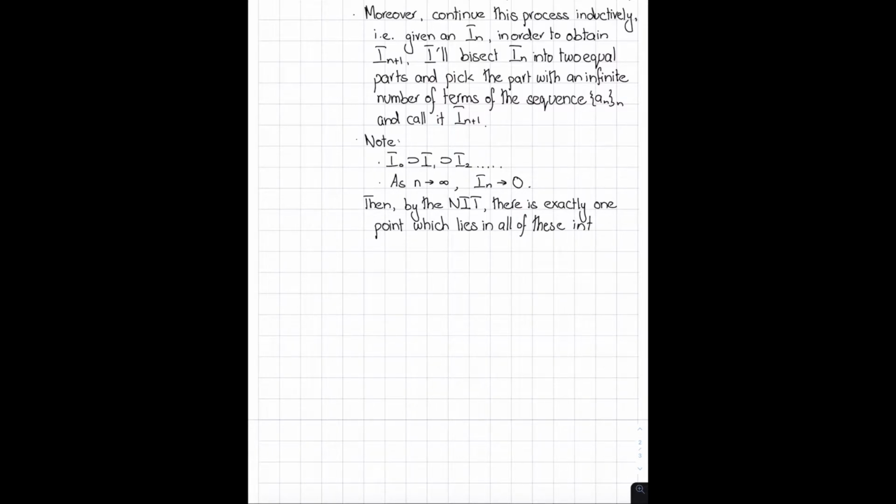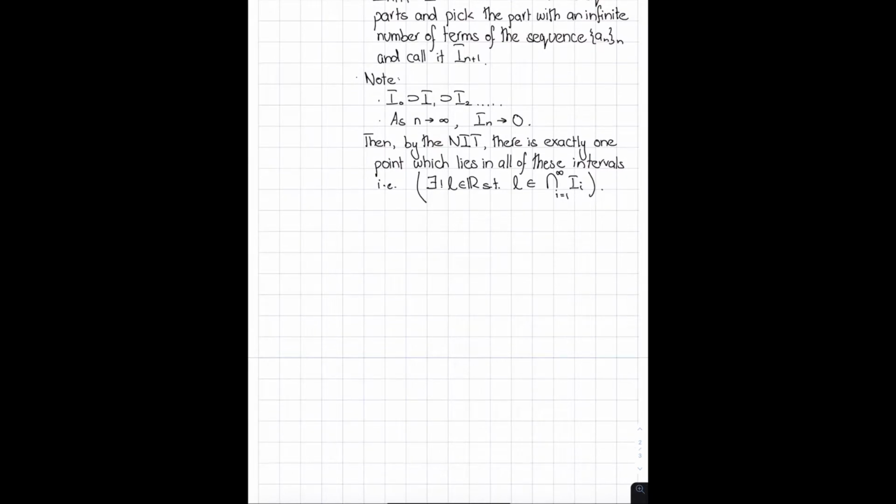If you want to be a little more rigorous, you can say that there exists a unique L in the set of real numbers such that L is in the intersection, for n equals 1 to infinity, of all of these intervals I of n. There you go. Let this point be L.